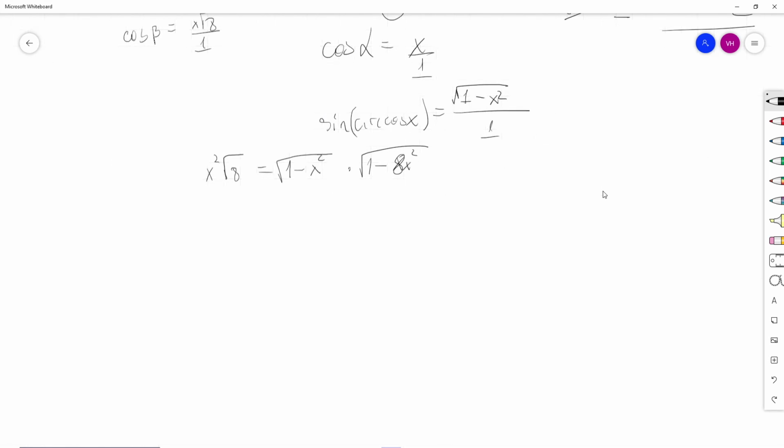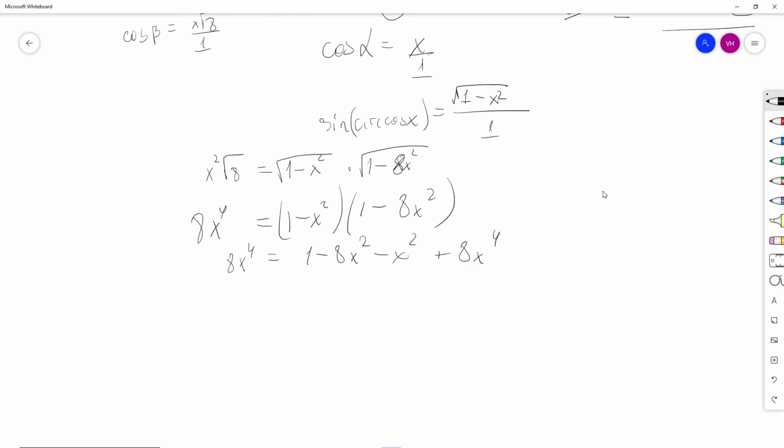Now this is much easier to work with, and in fact, since we have roots and only multiplication, we can easily just square the whole equation. So we'll get 8x to the power of 4. Now don't worry about the power of 4, we're going to deal with that soon. Gives us 1 minus x squared times 1 minus 8x squared. Let's open up this bracket and simplify it, and get 1 minus 8x squared minus x squared plus 8x to the power of 4.